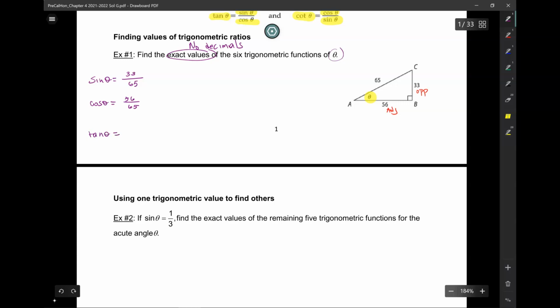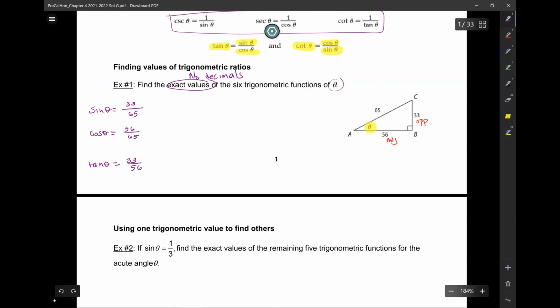Tangent of theta, 33 over 56. Okay? Opposite over adjacent. So now, cosecant, secant, they're just what?